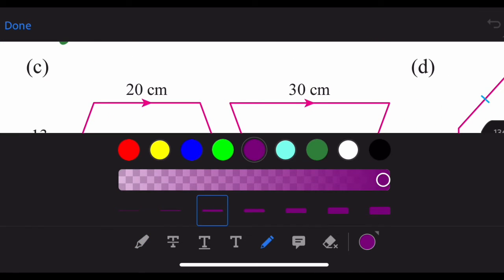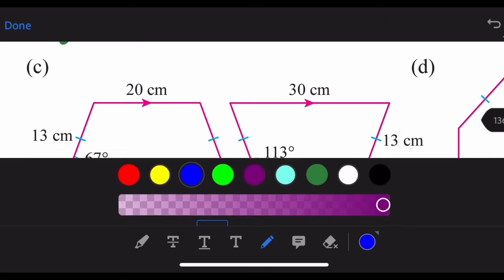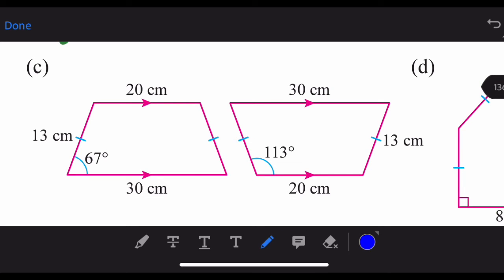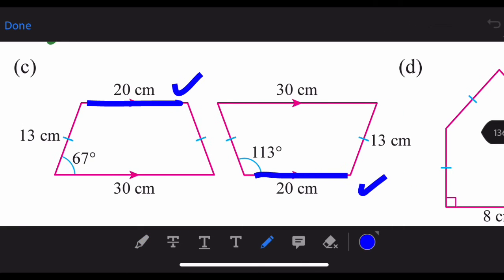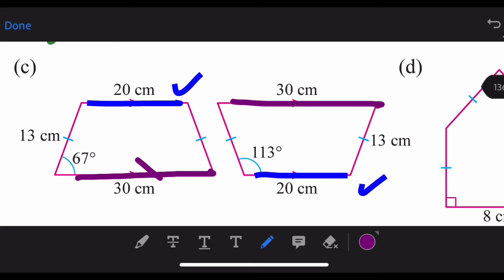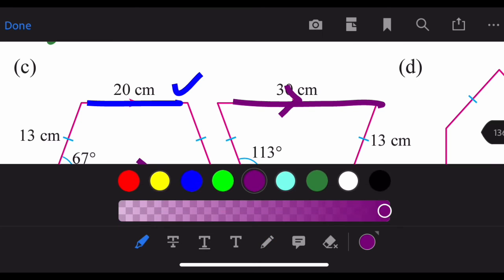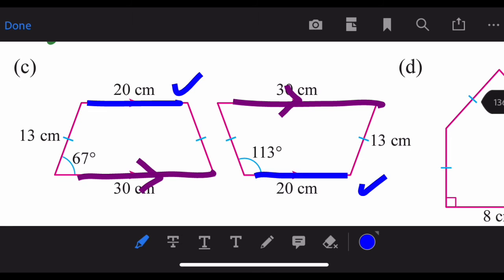Basically for congruent, we will identify the length of the sides and the angles, so we have to check in detail. This 20 looks okay, right? Let's check the 30 here, got 30 and parallel.